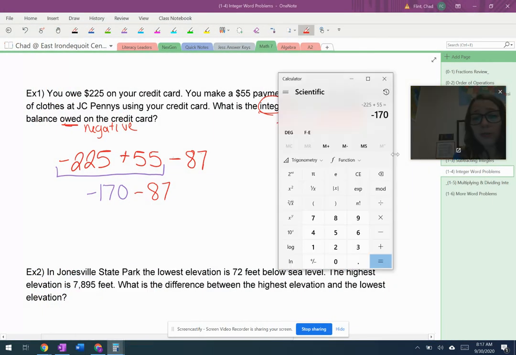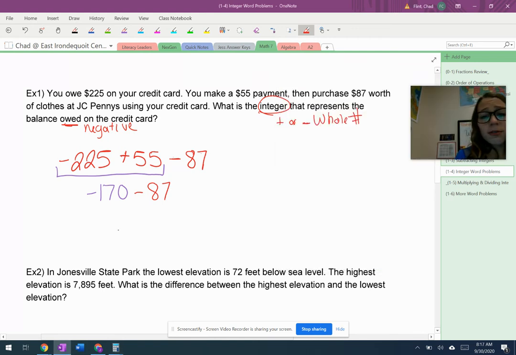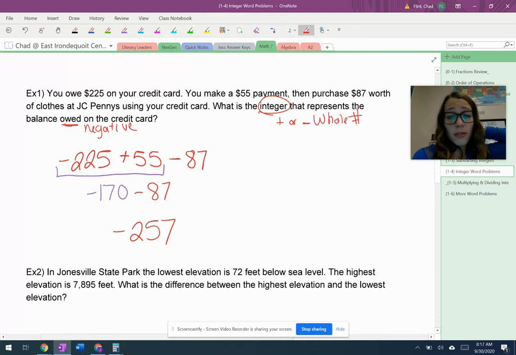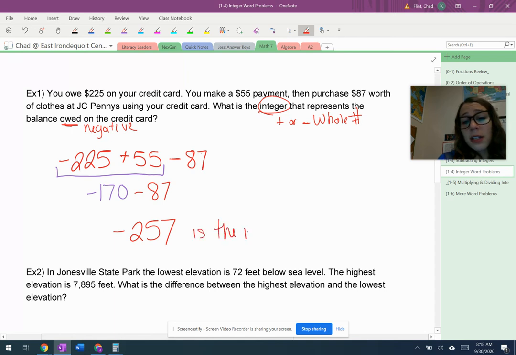So negative 170 minus 87 more is giving me negative 257. So the integer that represents the balance owed on the credit card is negative 257, is the integer to represent the amount owed.